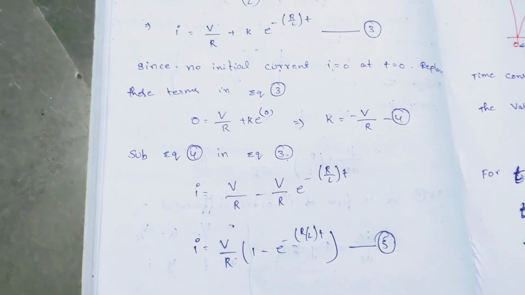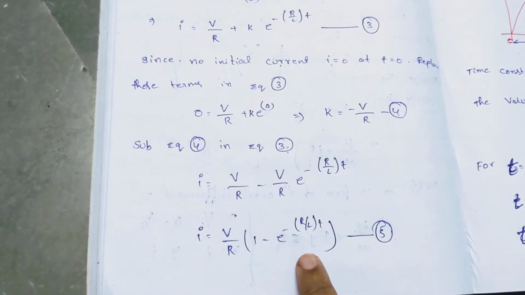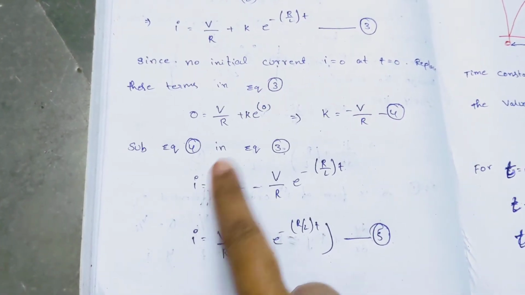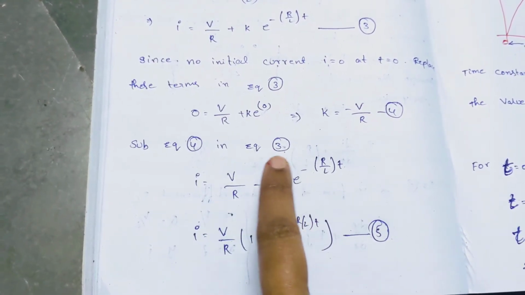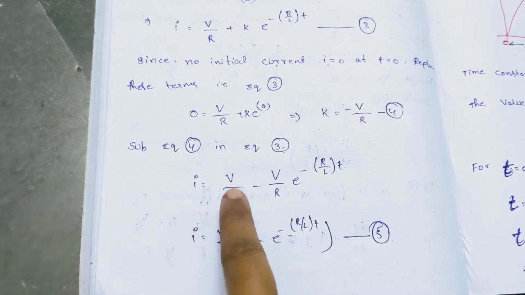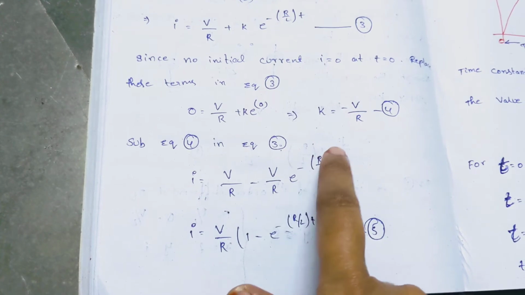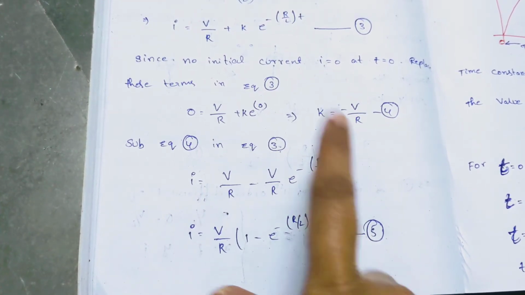So I replace that and find the total current in terms of the voltage and the rest of the terms. I have two terms in the current response: I equals V by R minus V by R e power minus R by L into t.